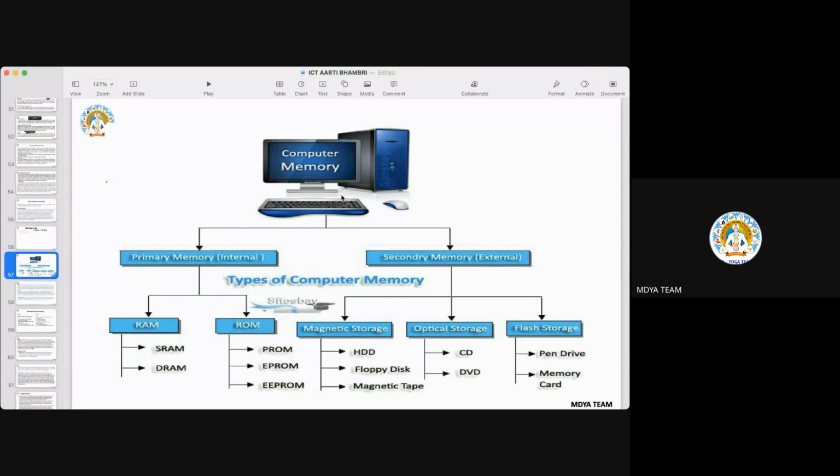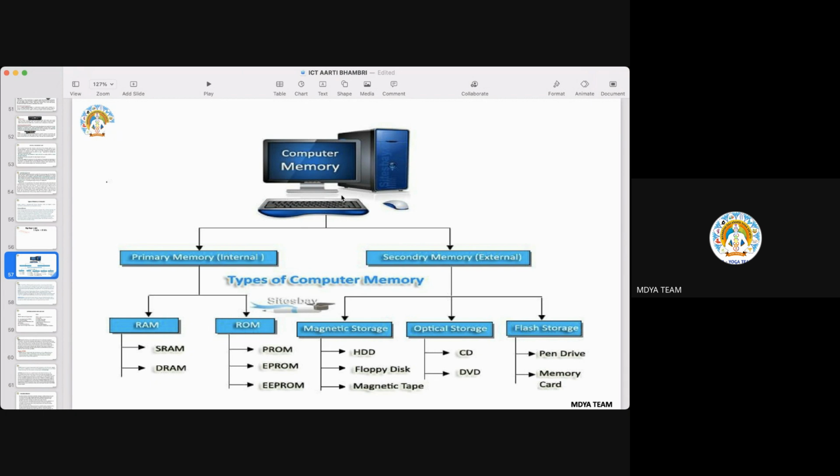But basically, cache memory is a part of internal memory. It is in between, just to make it faster. Some memory has the connection between the CPU and all the systems, so it provides the set of instructions very easily to the CPU.